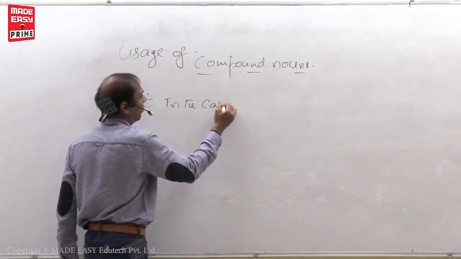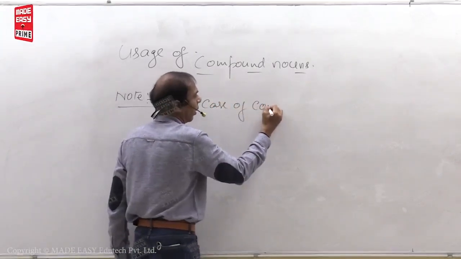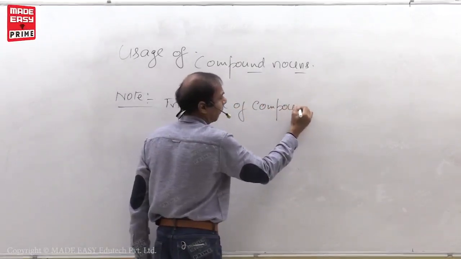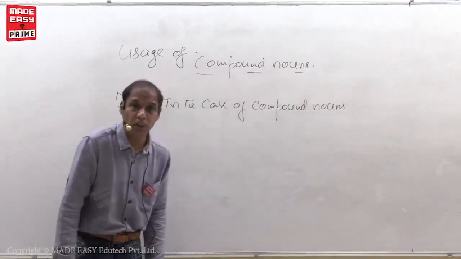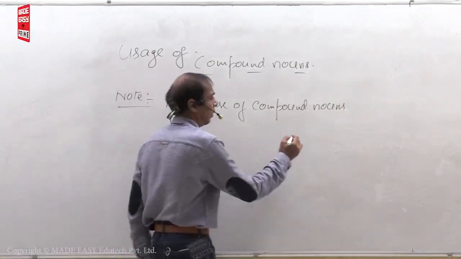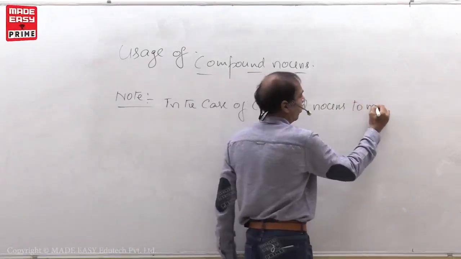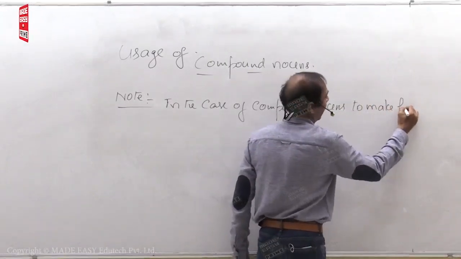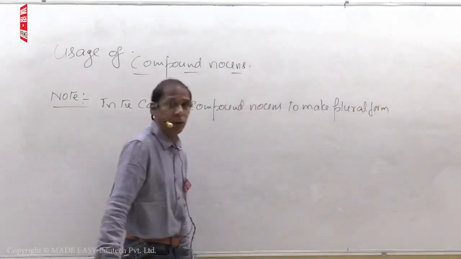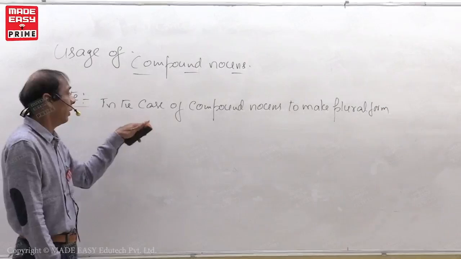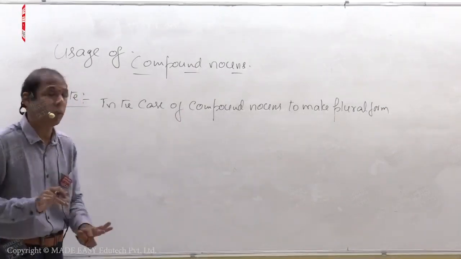In the case of compound nouns, to make the plural form, if you want to make a plural form of a compound noun, how do you have to make it? See, observe.